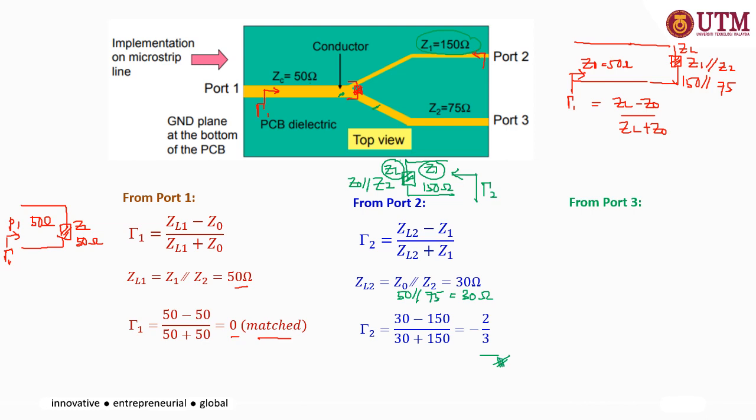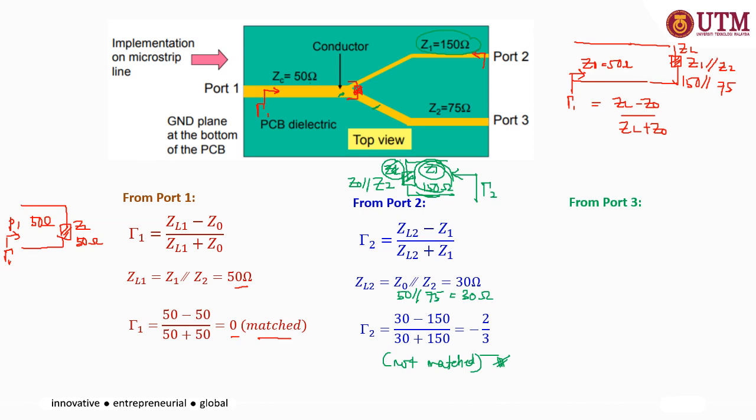So it is not matched. If it were matched, the load impedance at this point must be equal to 150 ohm, the characteristic impedance of that particular line.